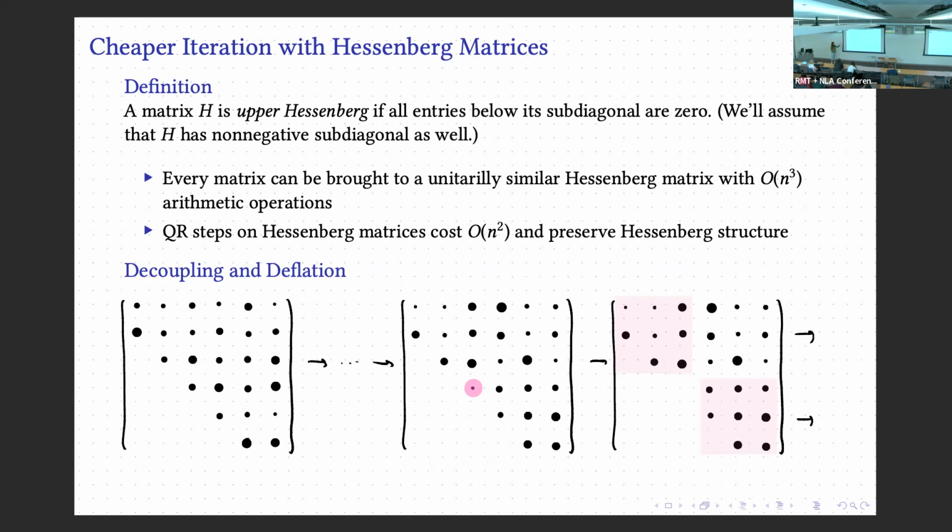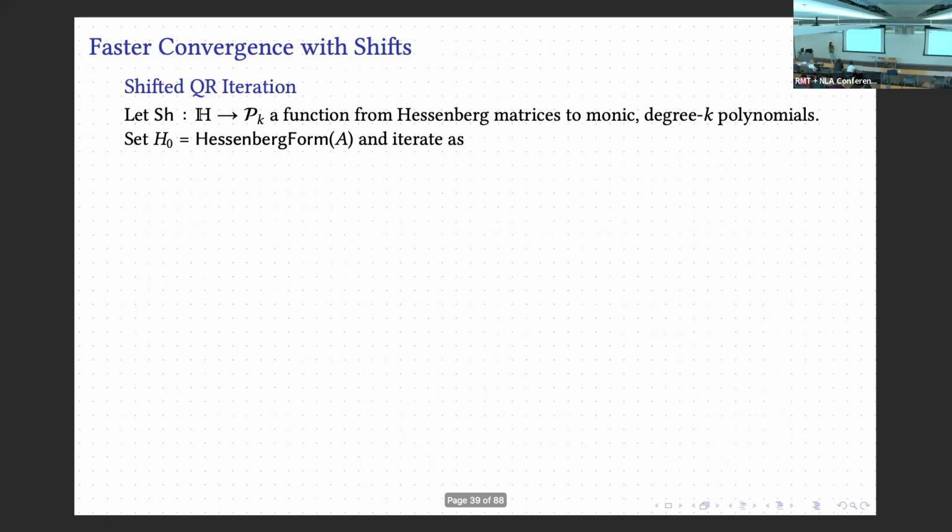Okay, so this all is helping somewhat with the two issues I mentioned on the previous slide. The remaining issue is that convergence can be slow, right? None of these things is changing the ratios between the moduli of different eigenvalues. So we need some way to do that, and this is done with this notion of shifting.